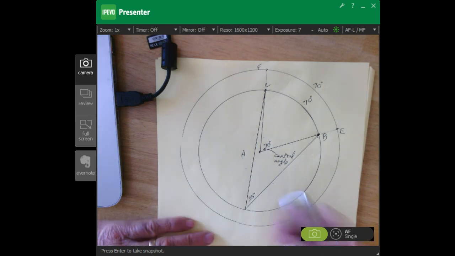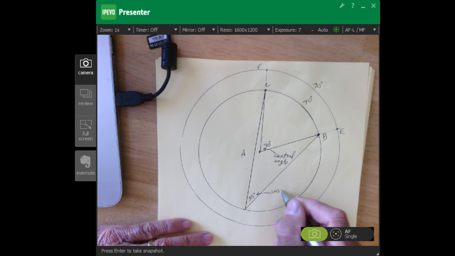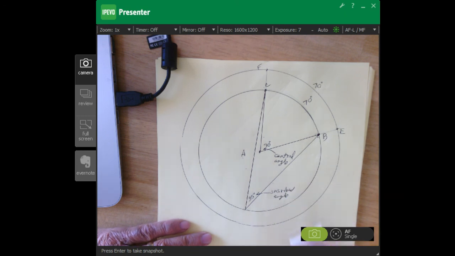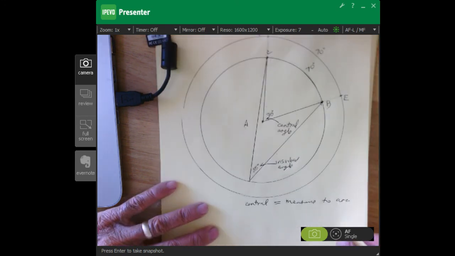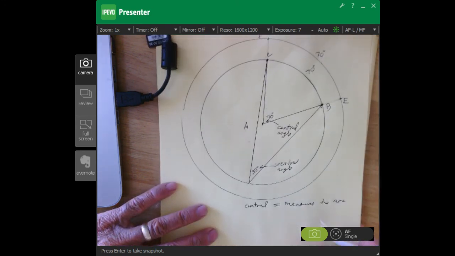So what's going to happen, this is an inscribed angle. Okay? So the central angle is equal in measure to the arc that it defines.